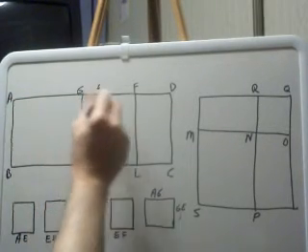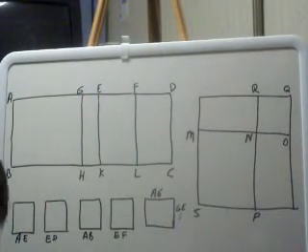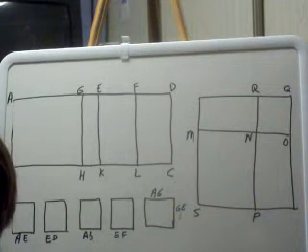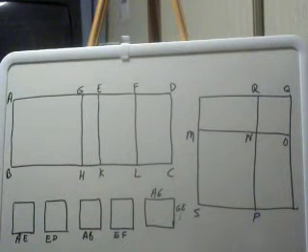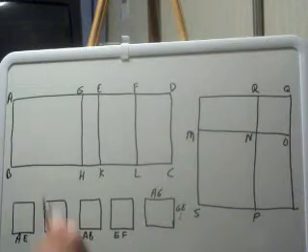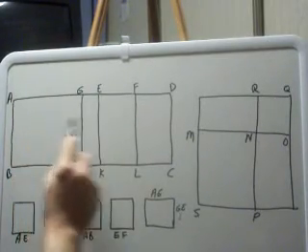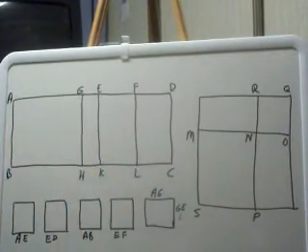This is not commensurable with this. That's by Euclid Book 10, proposition number 13. So that AH is incommensurable with EL. This area right here and this area right here, they're not commensurable. That is, SN is incommensurable with MR.